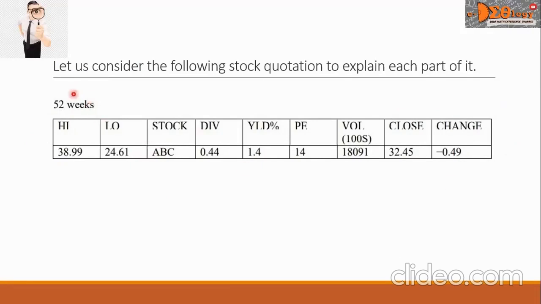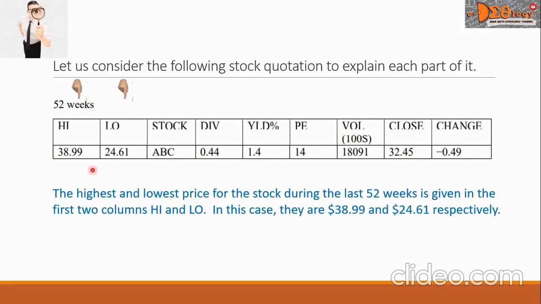This is for a 52-week period. The highest and lowest price for the stock during the last 52 weeks is given in the first two columns, high and low.